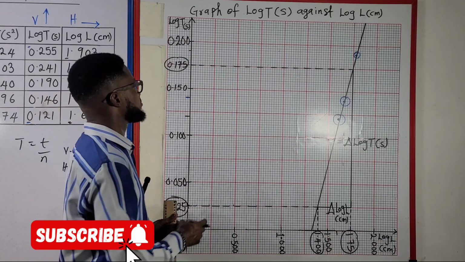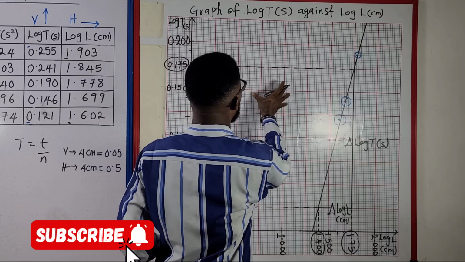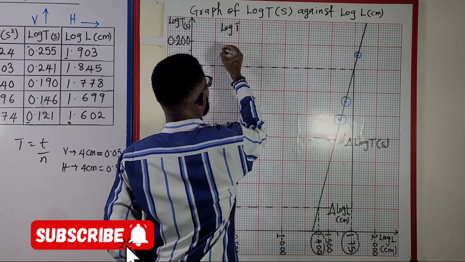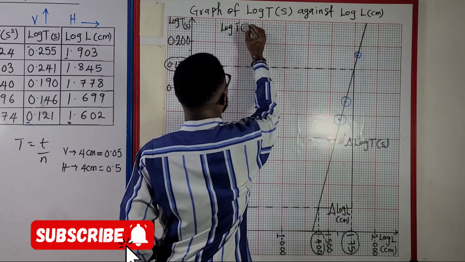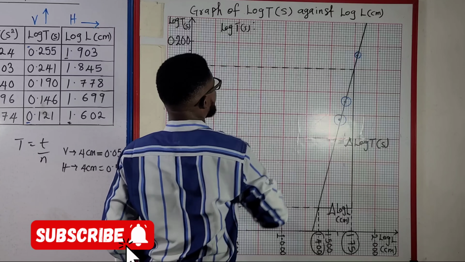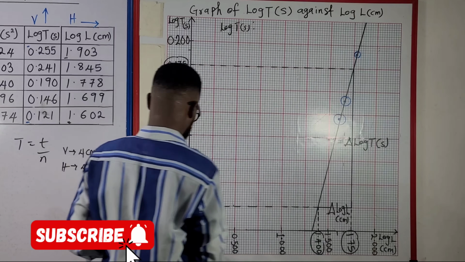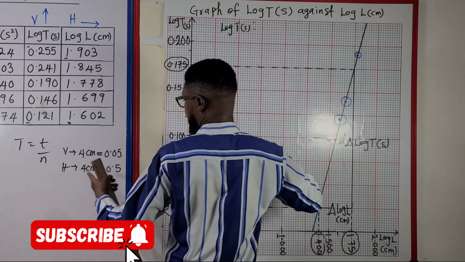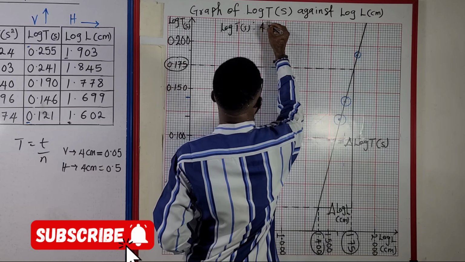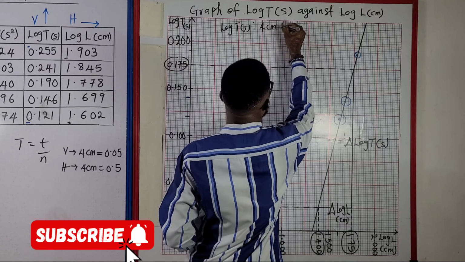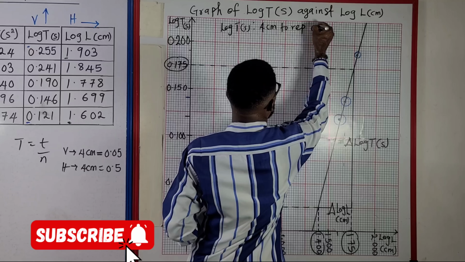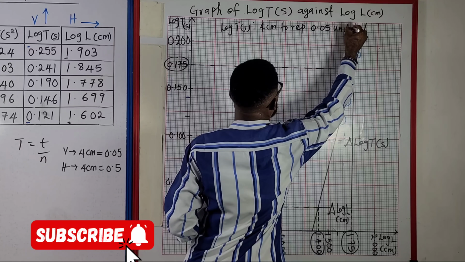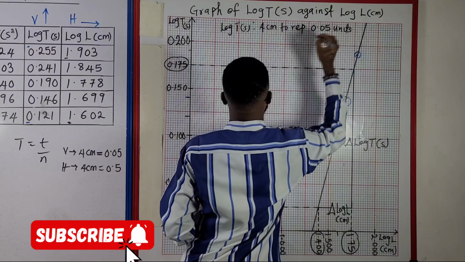Don't forget, talking about my scale here, I should be saying log T in seconds. What I've used here is 4 centimeter to represent 0.05 units.